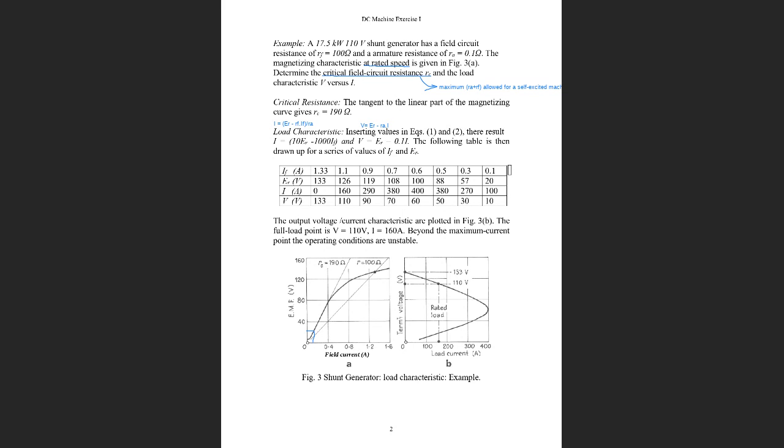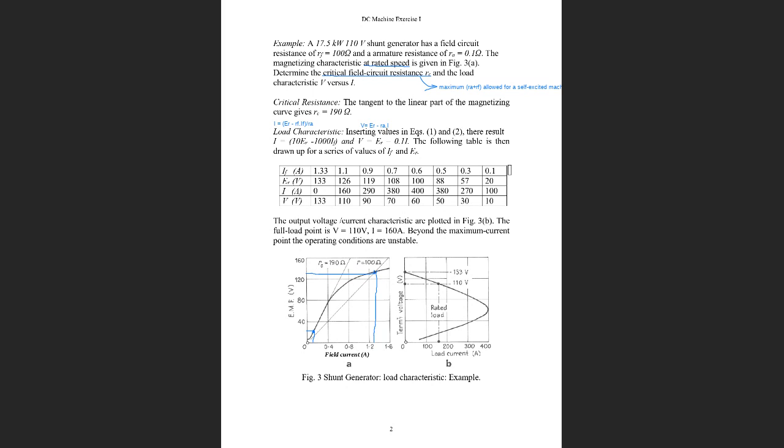And you can have these points, and so on and so on.